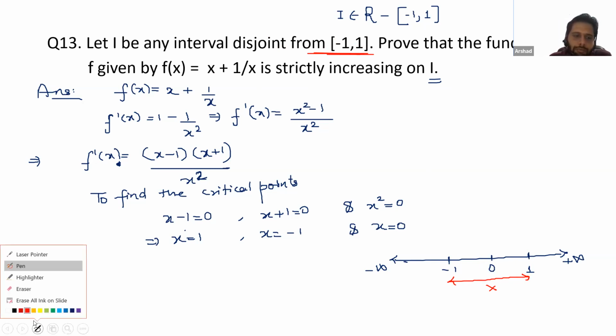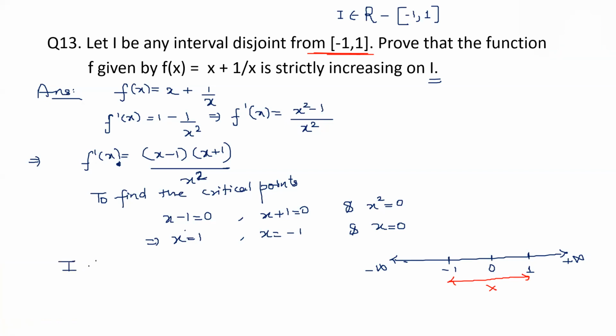So what remaining part do we get? We will write I belongs to R except -1 to 1. You can write it like this, or you can write the complete statement that I is an interval disjoint from -1 to 1.